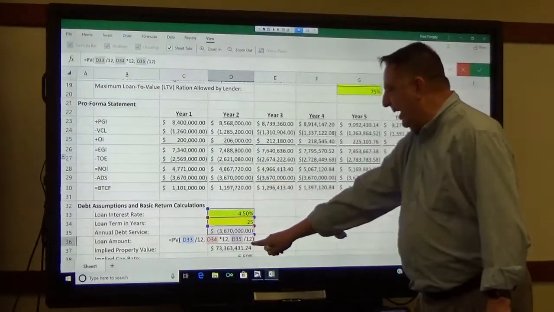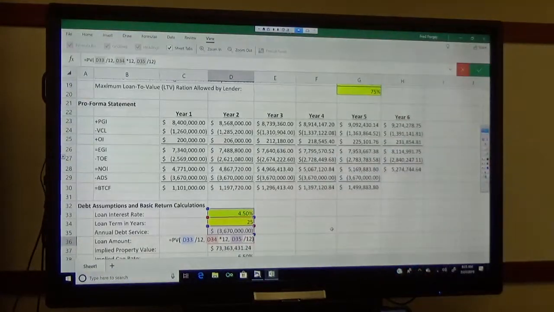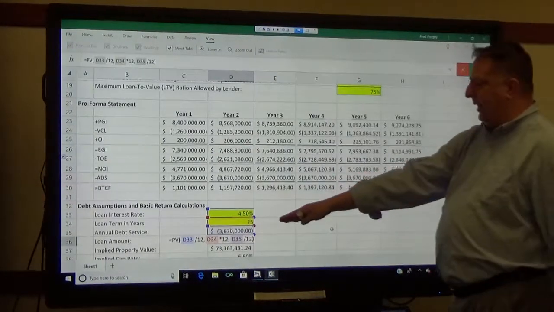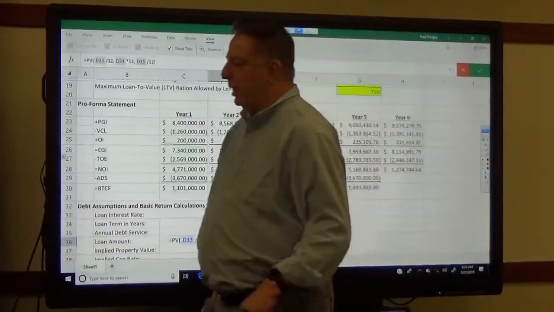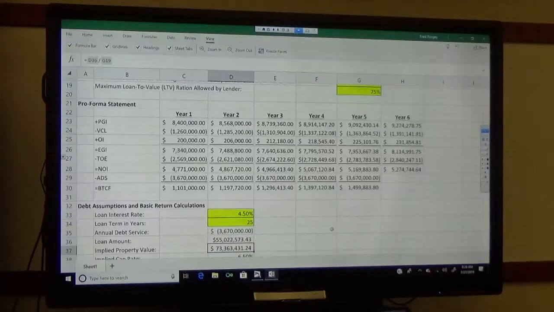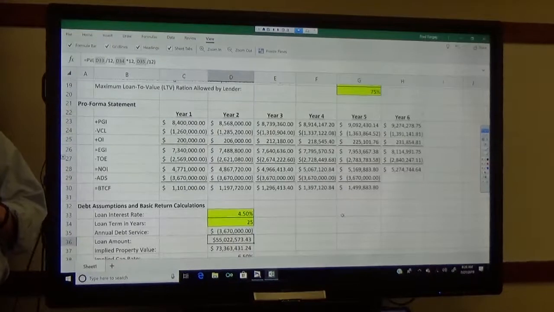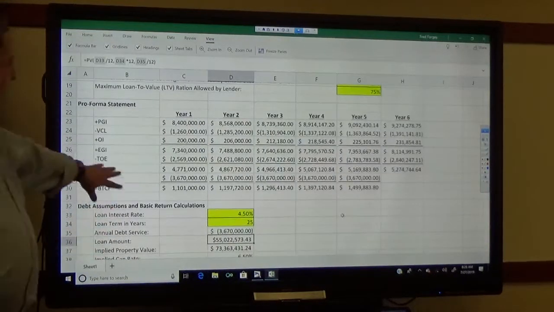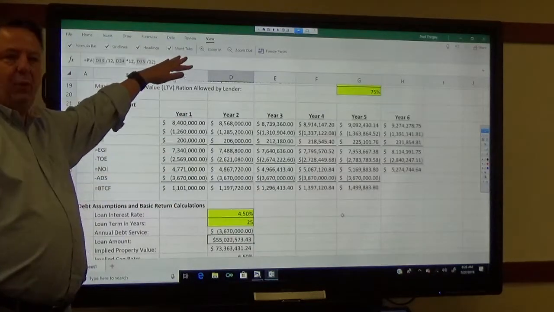And we're going to divide that by 12 to get a monthly figure. Okay? And then ultimately, once you put that in, then Excel will solve that. And that's where you get 55,022,573.43. Okay, so that is your maximum loan amount based upon all of the assumptions that come before it.